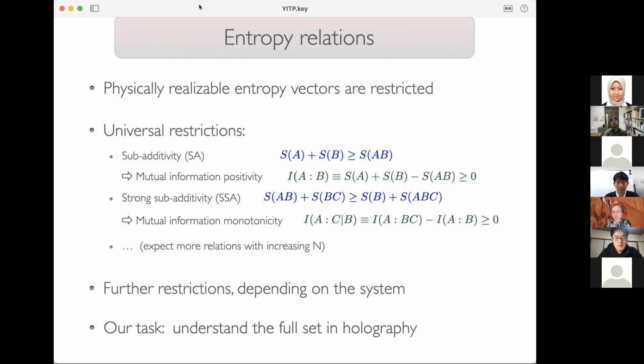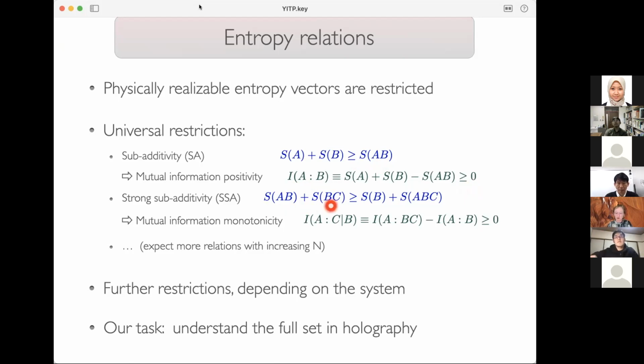Matt already mentioned one in his talk earlier, for you last night, which is the relation of sub-additivity, which you can think of as just non-negativity of correlations between subsystems.